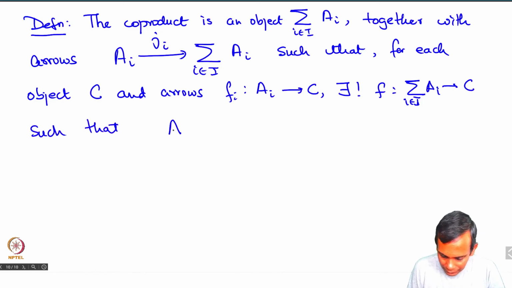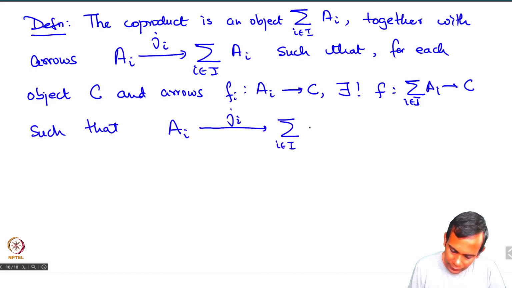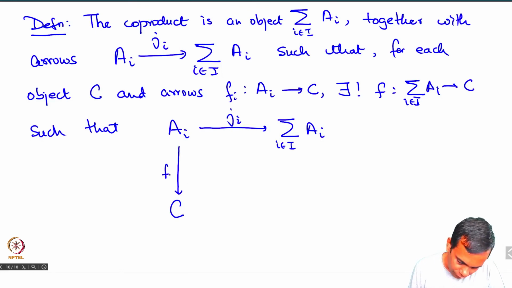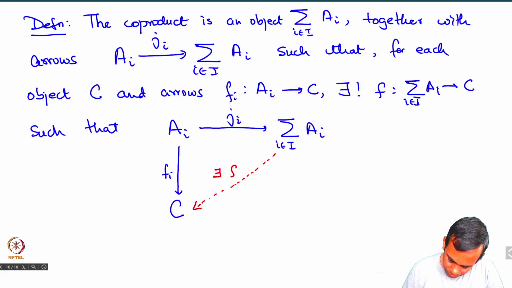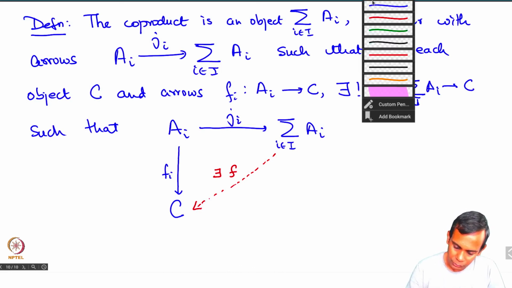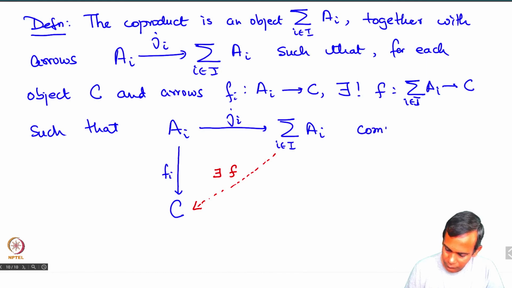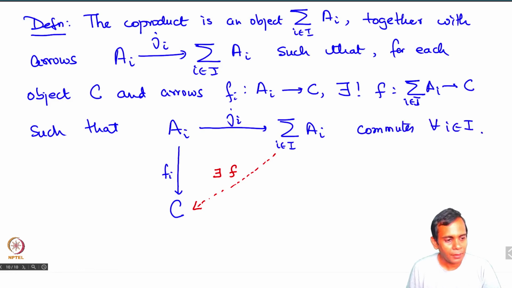So we have Ai, and for each i we have this ji to the summation of Ai, and we have this object C, and for each i we are given an arrow fi, and the assertion is that there exists a unique arrow f, which makes this diagram commute for all i. Okay, and again in the category of sets, this coproduct is the disjoint union of this family of sets.